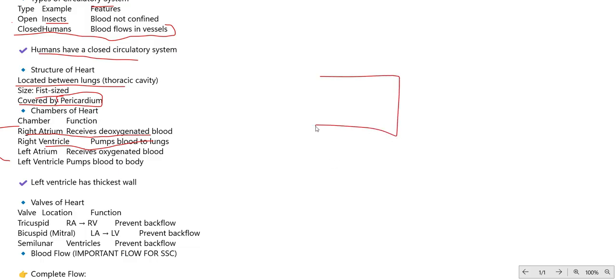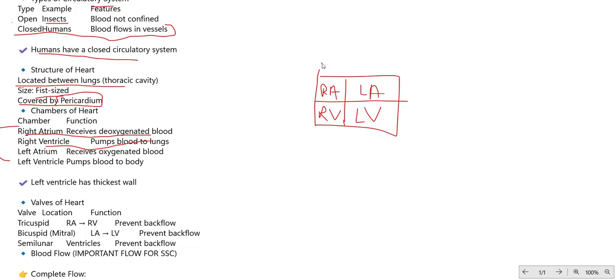So basically these are four chambers of your heart. Okay, that is your left atria, and that is your left ventricle. Okay, that is your right atria, and that is your right ventricle.